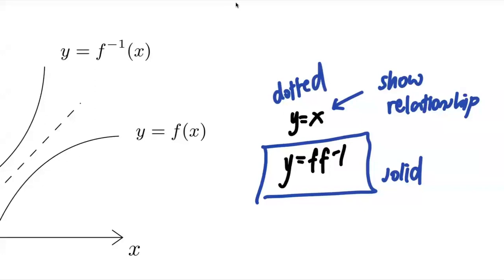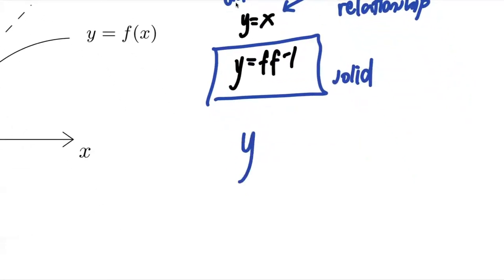Understand? Last thing that is very important, you must be careful of the way you draw your f and f inverse. You must restrict your range and your domain of your f and f inverse. You cannot just anyhow draw the whole entire line because you need to follow the domain and the range of the question. So how do you tell? Very simple. Let's say I give you y equals ff inverse and I ask you to draw this particular function, how do you know where to stop? Remember the rule.